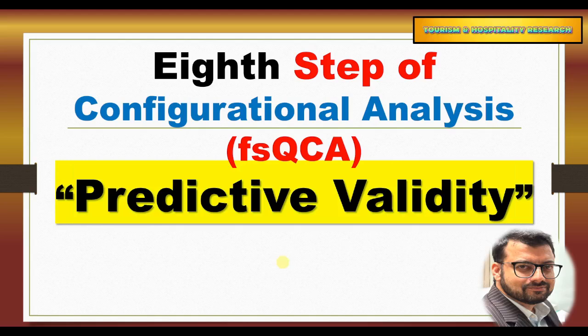And the last step, which is predictive validity testing. So when you are doing FSQCA, it is quite important to keep in mind that both of these steps are quite important. So let us go ahead and understand how this predictive validity testing is done.